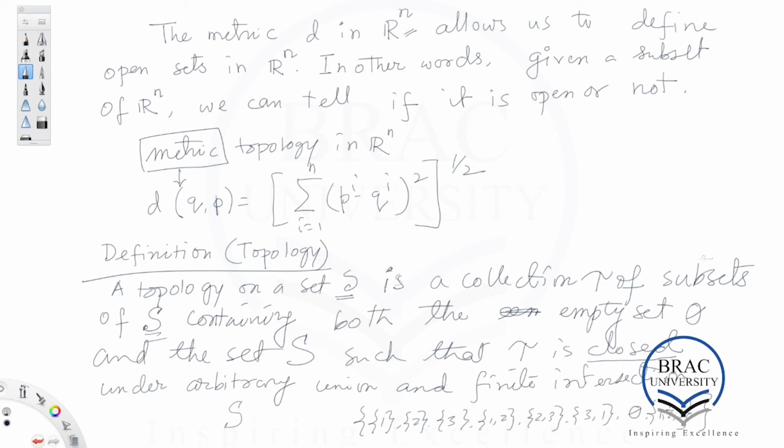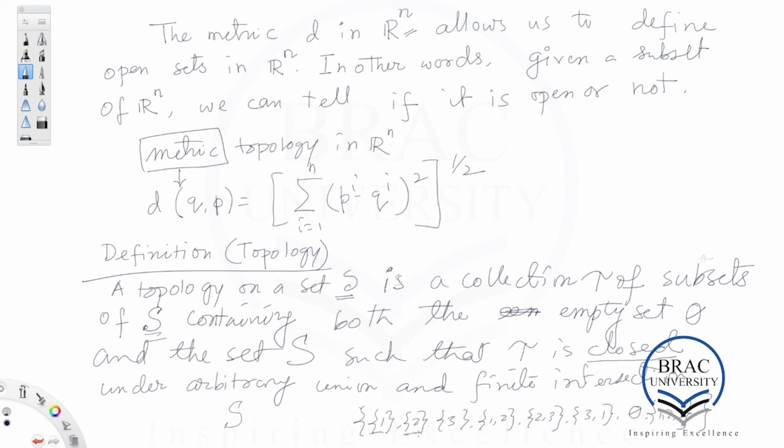There were 8 such elements in the collection. Now this collection has to be closed under arbitrary union, meaning that whatever elements you choose from this collection, you take their union, and that should be in the collection as well.